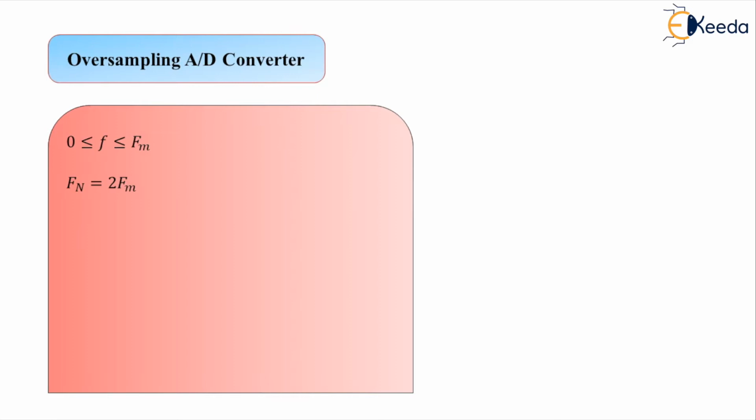This requires the design of a very high order anti-aliasing filter built with high precision analog components, and it is usually difficult to implement such a filter, for example in VLSI technology. So practically, using such a filter, there is a chance of distortion in the output signal.